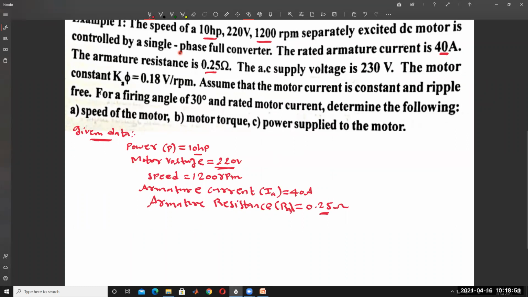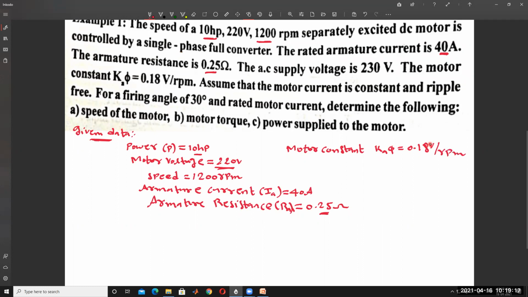The motor constant K into phi is equal to 0.18 volts per RPM.